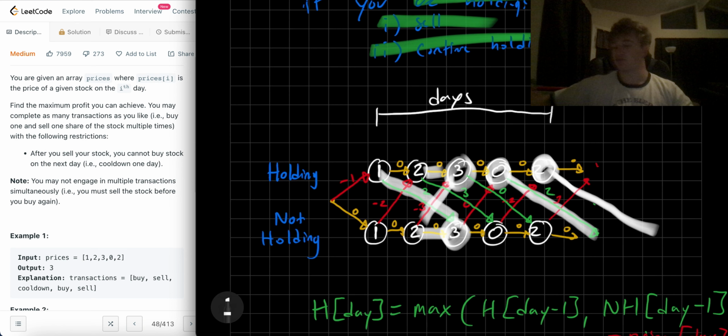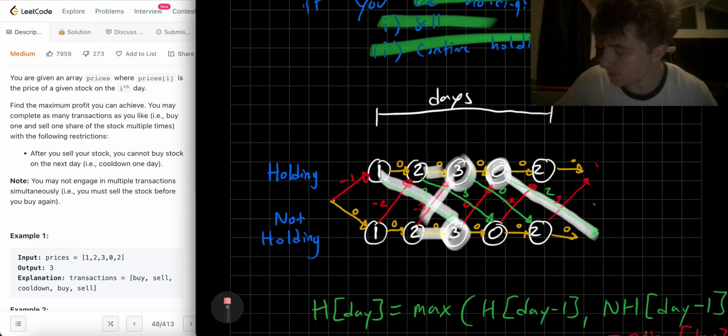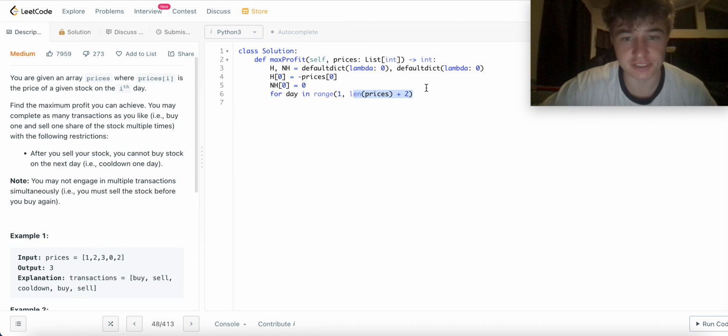So there's 2 additional states, I think. No, there's only one. Sorry, I'm trying to think about how this is supposed to work. There's only one additional state, because this edge actually corresponds to selling on this day, but you have to skip it now since you decided to sell on that day. So there's one extra state here at the end.